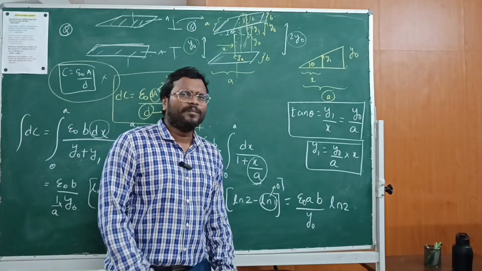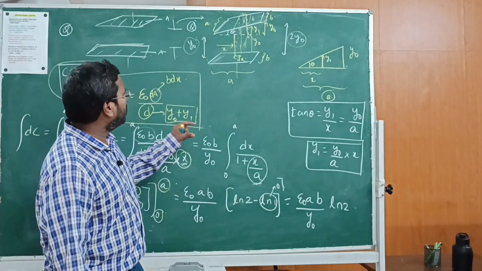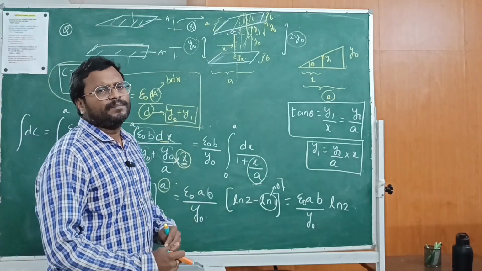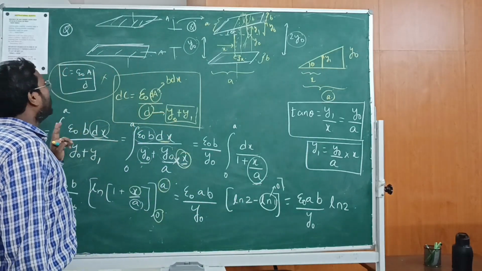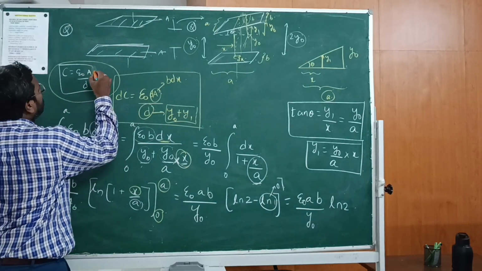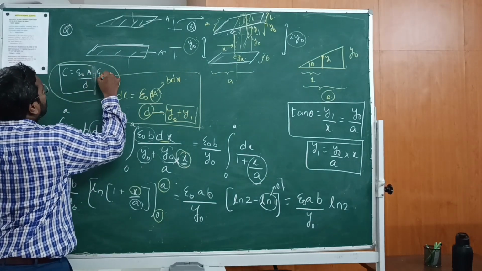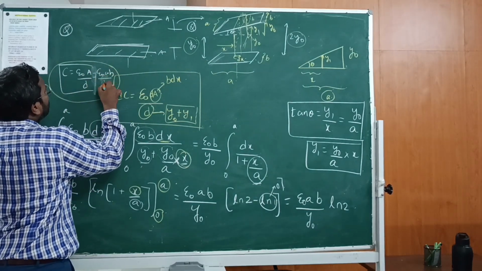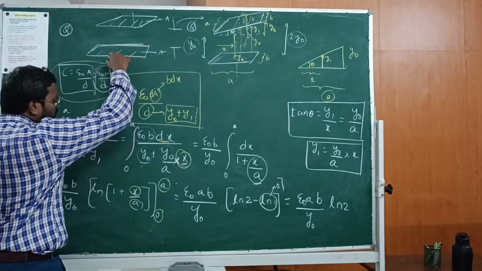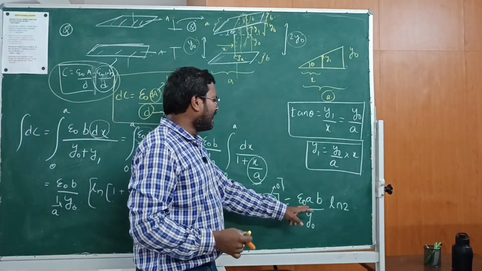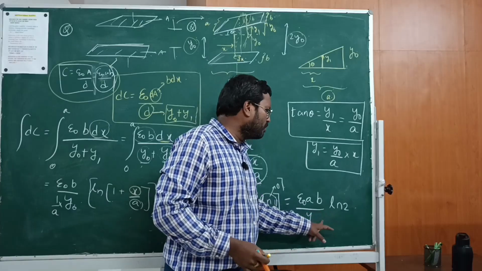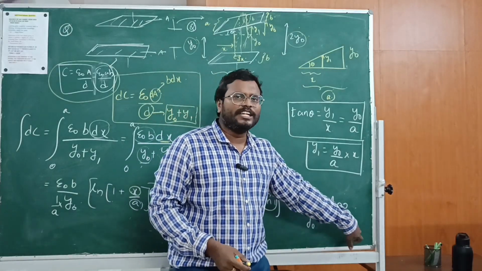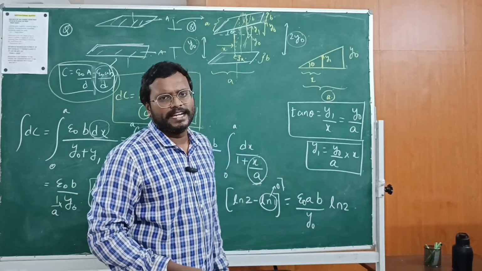This is a very simple concept, but here we are dealing with a parallel plate capacitor. When it is kept, the capacitance is epsilon naught AB by D, but here we get epsilon naught AB by Y naught into ln 2.